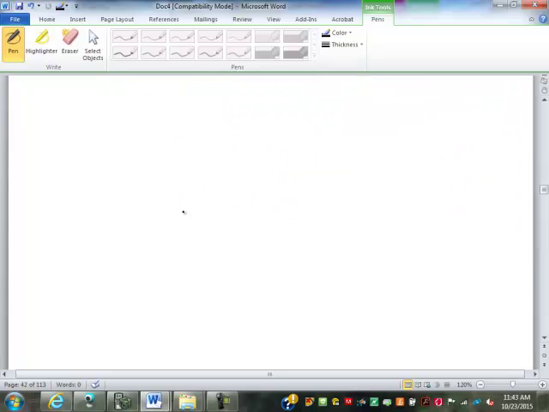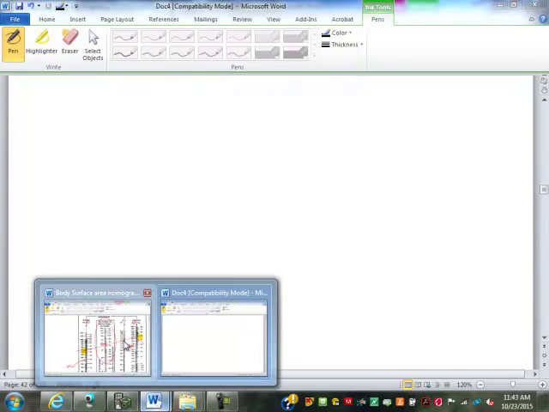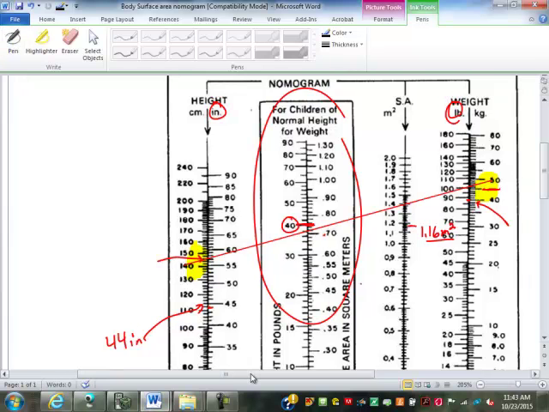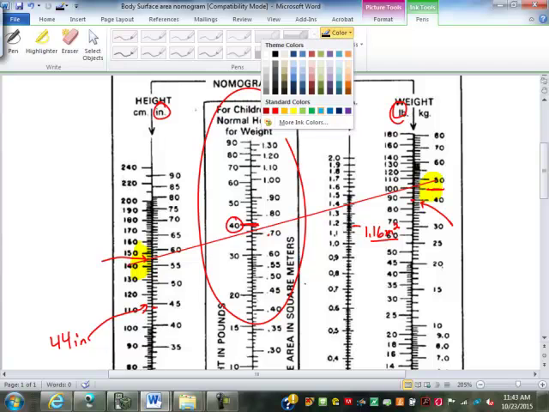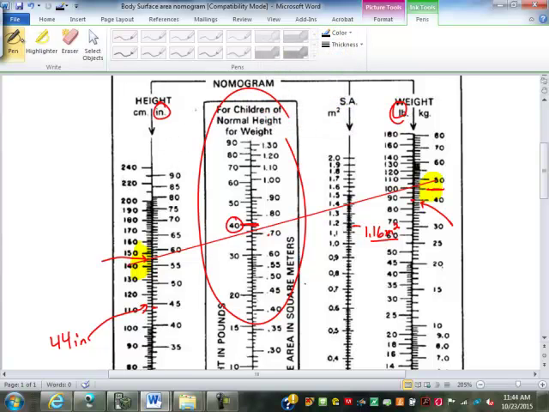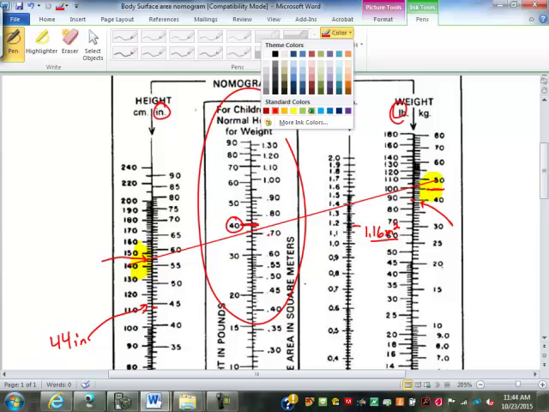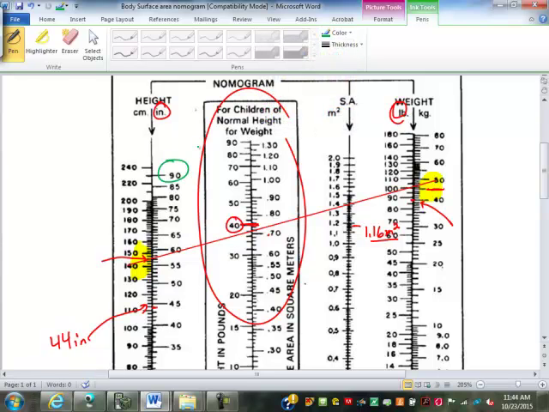So, another weakness of the nomogram, by the way, the height, if you notice, goes up to 90 inches. Now, in your careers in medicine, I'm guessing you're probably not going to encounter too many people that are 7'6".